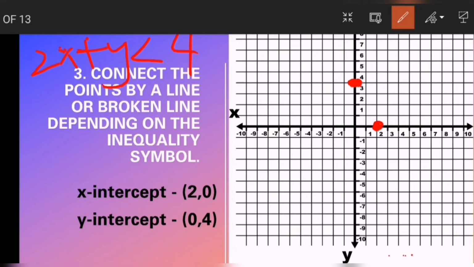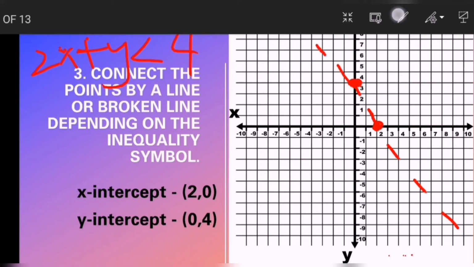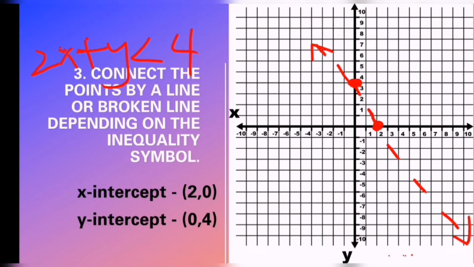Siyempre, broken kasi walang equal to. So, less than lang. So, broken line po. I-connect mo yung dalawa using the broken line. Okay? Ganun lang siya. So, hindi siya yung solid. Okay? So, it's a line. Okay. So, that is now the graph of your equation or the associated equation and not the solution. Okay? So, ito ay para lamang sa line.